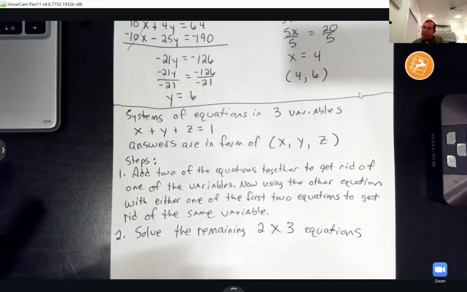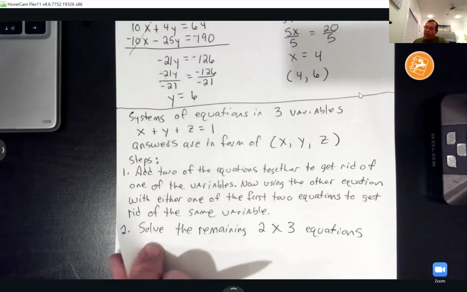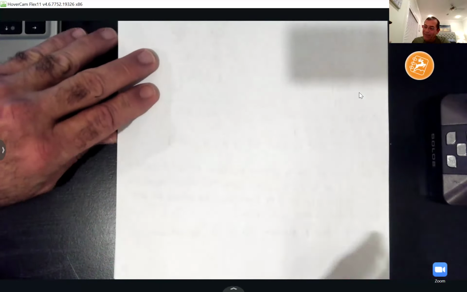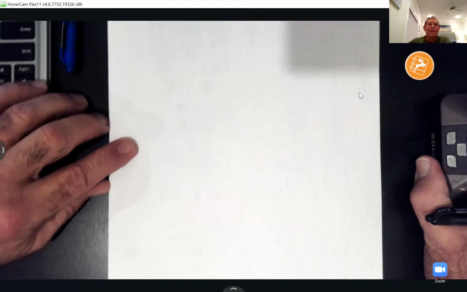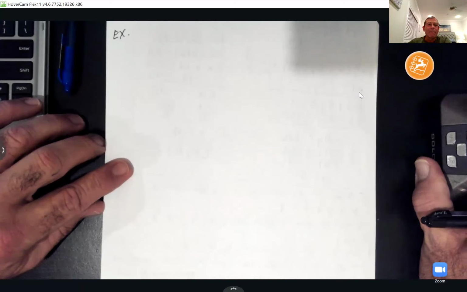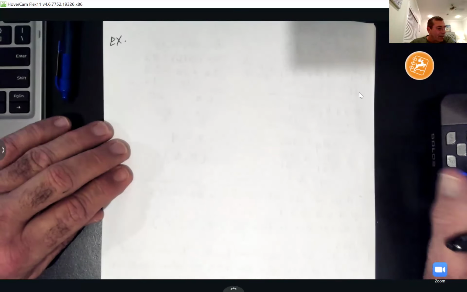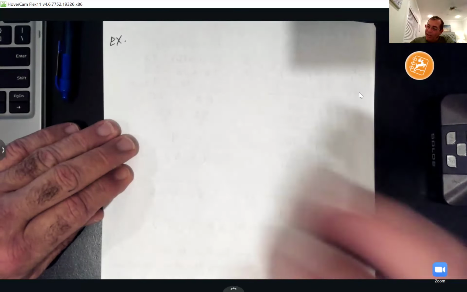All right, so let me show you this one. These are trickier. This is when people start liking their calculator. All right, y'all, so here we go.